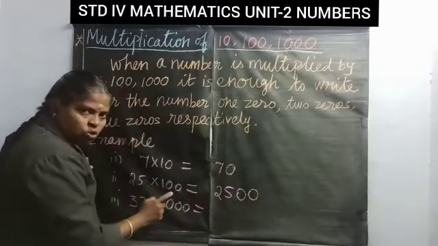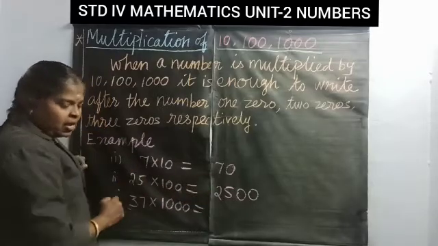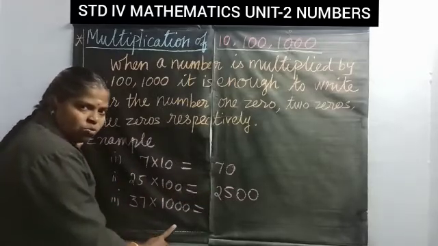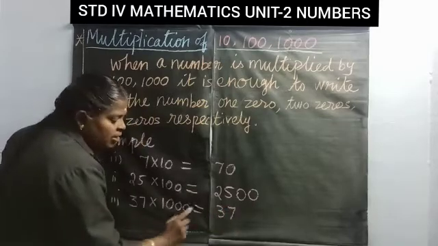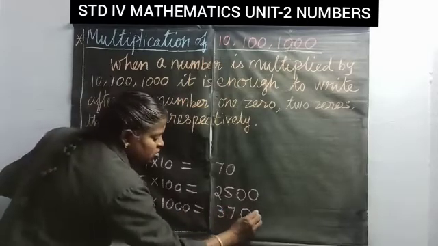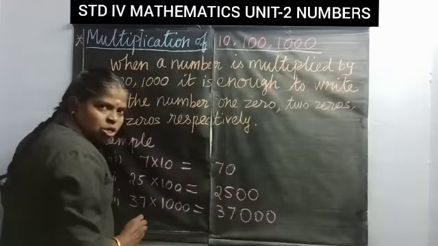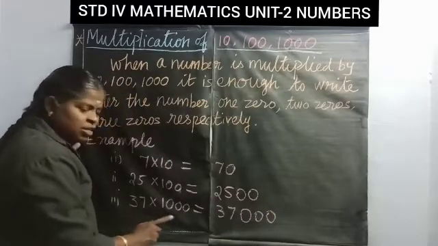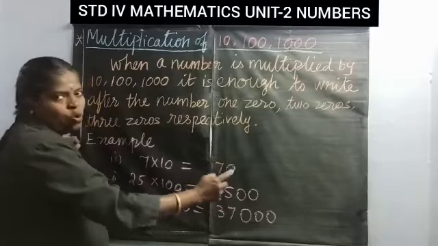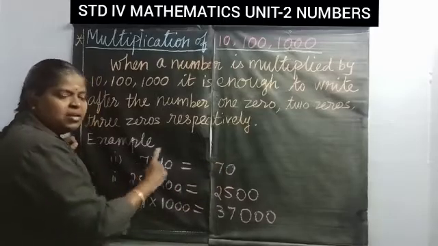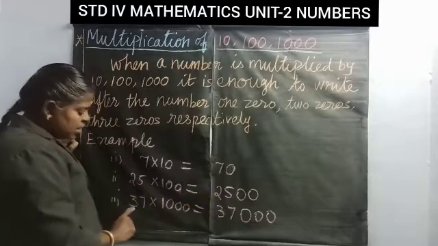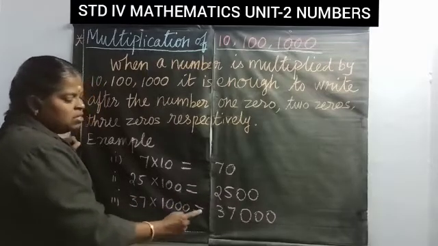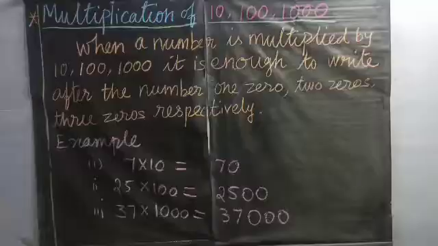So 25 into 100 is 2500. 37 into 1000. First we write 37 and join 3 zeros. So 37 into 1000 is 37 thousands. So 7 into 10 is 70, 25 into 100 is 2500, 37 into 1000 is 37,000.